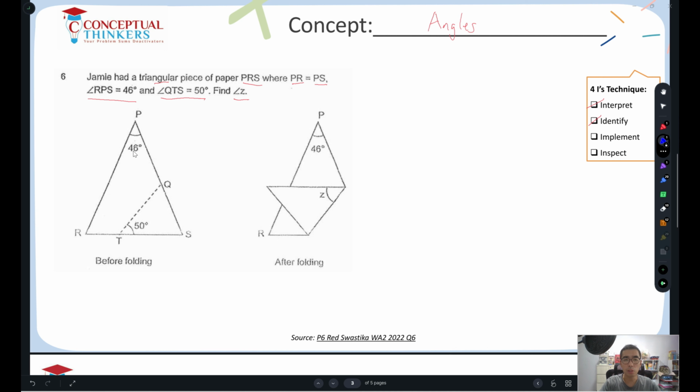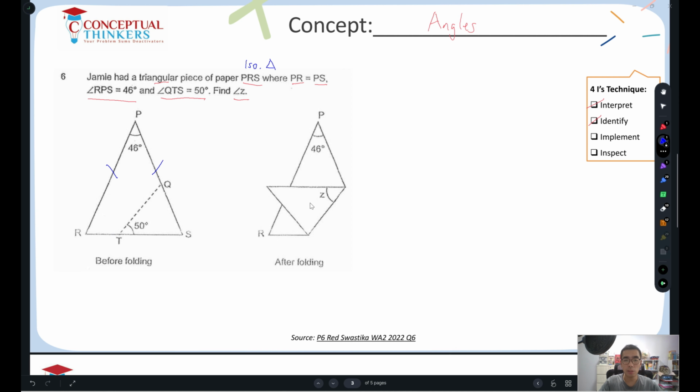According to the question, PR and PS are equal in length. This means that triangle PRS is an isosceles triangle, because the two sides are equal. So we can conclude that these two angles, PSR and PRS, will be equal.